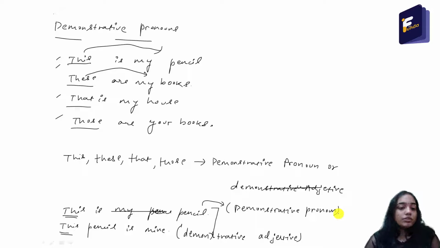So now we will solve some questions. I will give you some sentences, and in those sentences you have to tell me which word is demonstrative, and whether that word is a demonstrative pronoun or a demonstrative adjective.